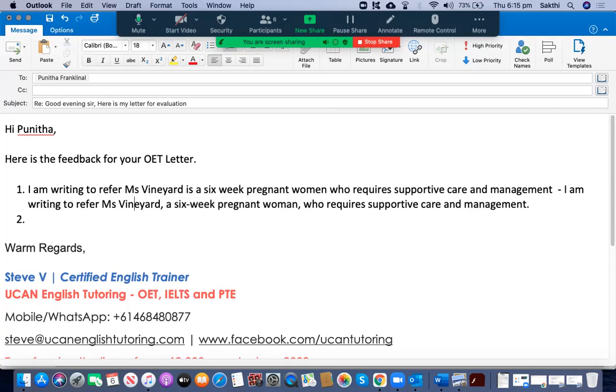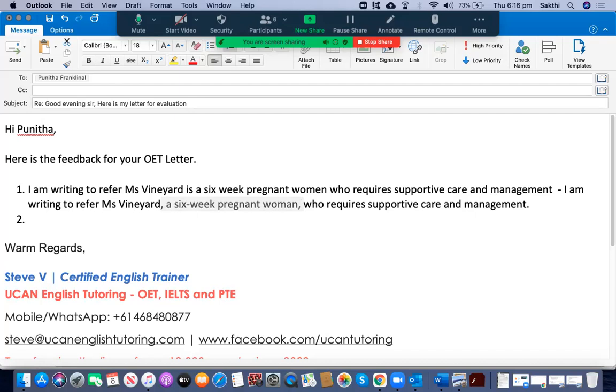So how do I know whether the definition is correct or not? It's very simple. You remove this definition and then read the remaining part of the sentence and see if that is grammatically correct. Now let's read it. I am writing to refer Miss Vineyard, who requires supportive care and management. Is that correct? If you read everything else and you feel that it makes sense, then it's good.